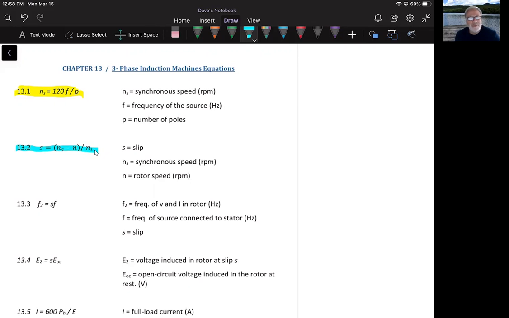Now, the motor slip is an important determination for a 3-phase induction motor. We would do this in the lab. I hope we get the opportunity to do this in a lab.